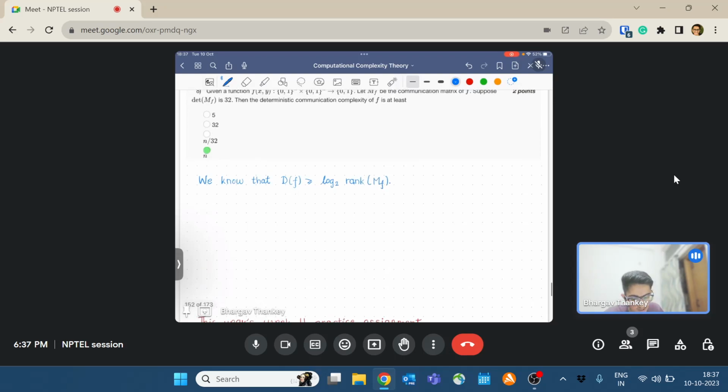Now, what information do we have over here? The determinant of Mf equals 32. So the determinant is non-zero, right?